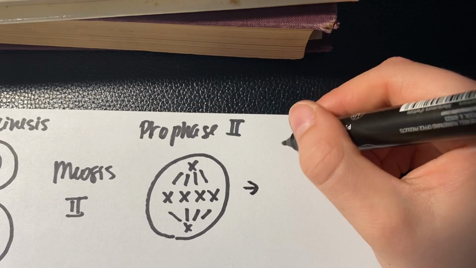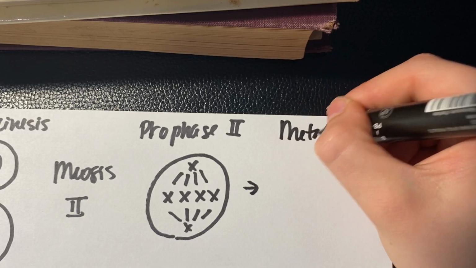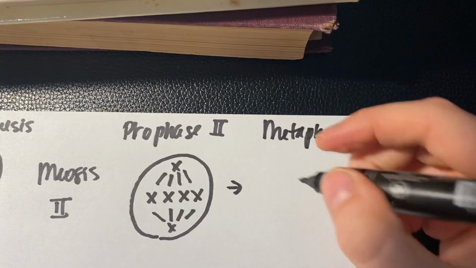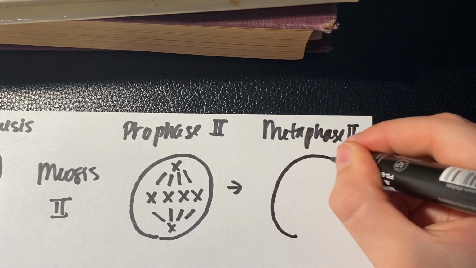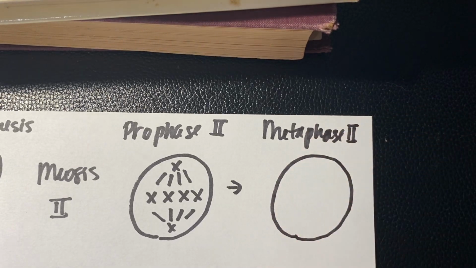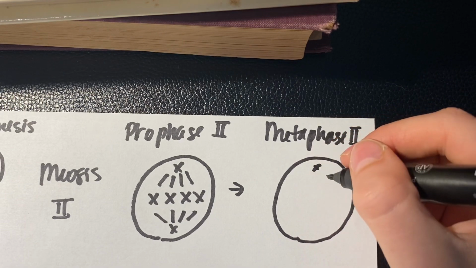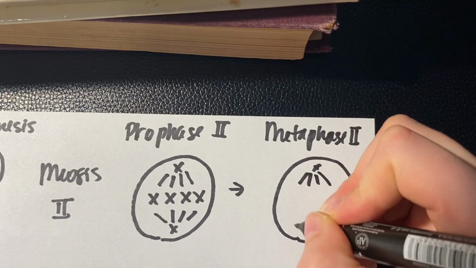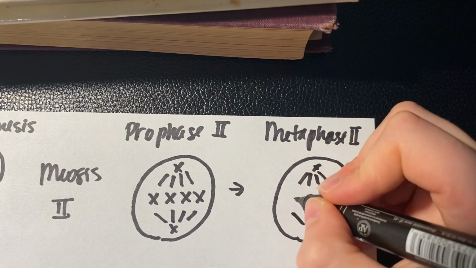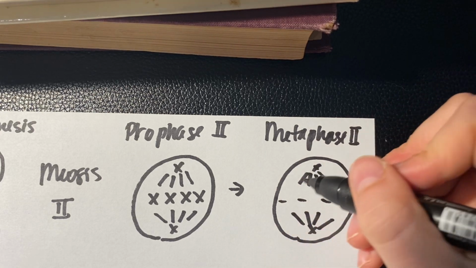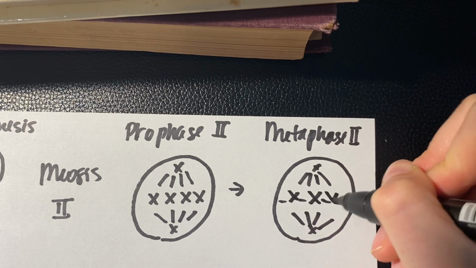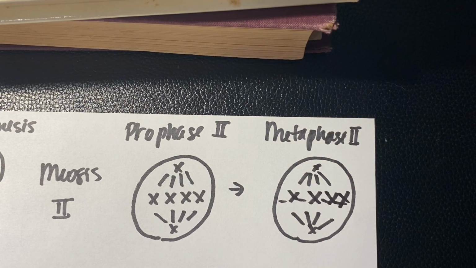This, in turn, leads us to metaphase 2, in which chromosomes are pulled to the middle in a straight line. So there's no longer two lines, there's only one line of chromosomes.